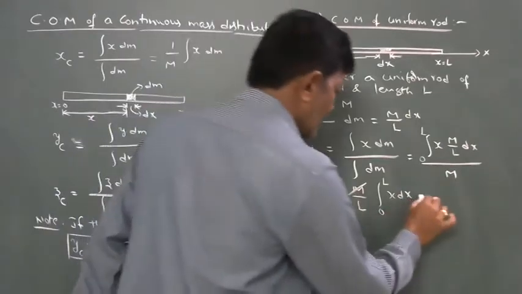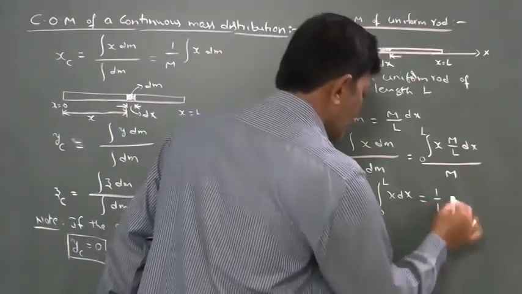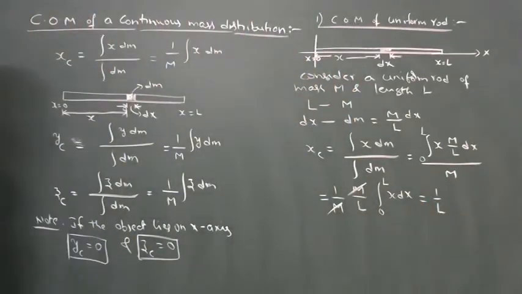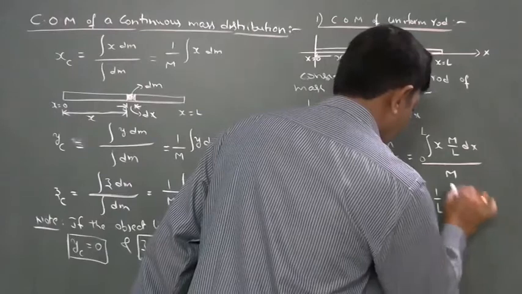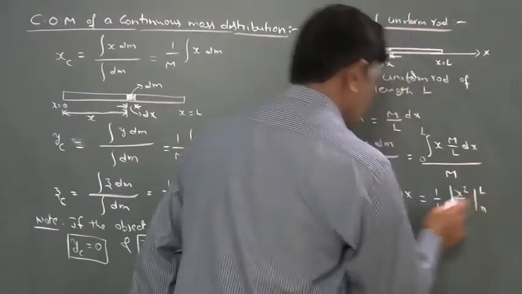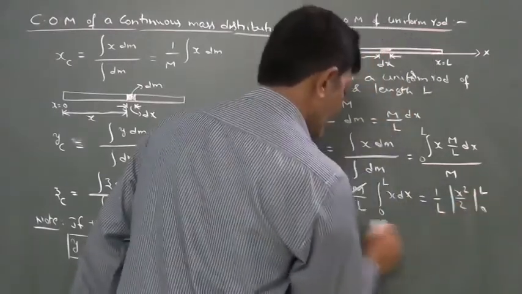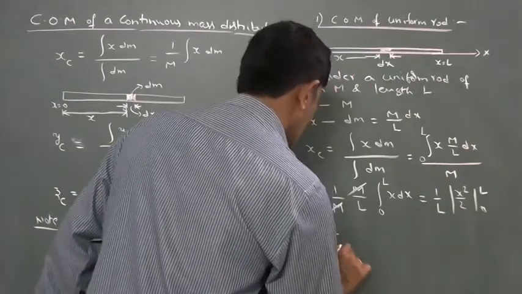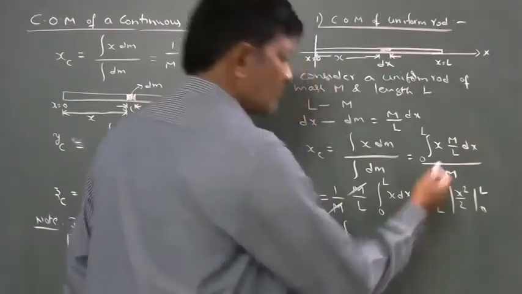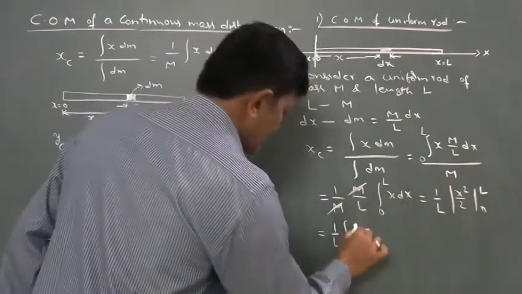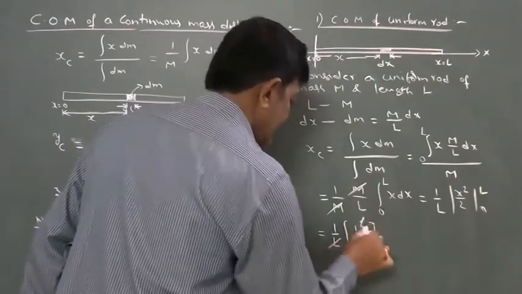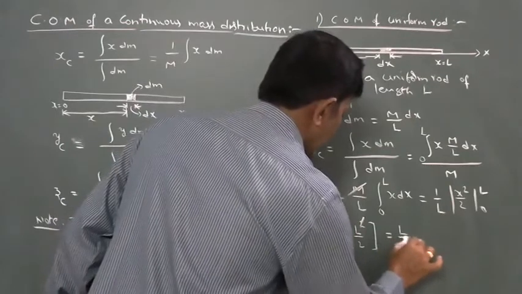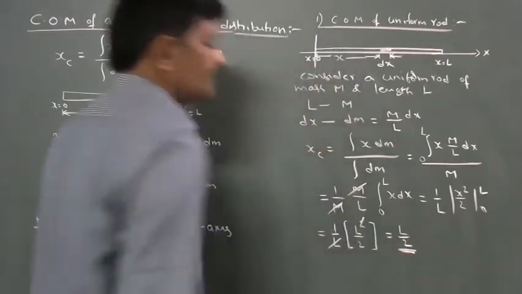This is equal to 1 by L into integral x dx, whose formula is x square by 2, from 0 to L. This is equal to 1 by L into, substituting the upper limit in place of x, L square by 2. L gets cancelled. This is equal to L by 2.